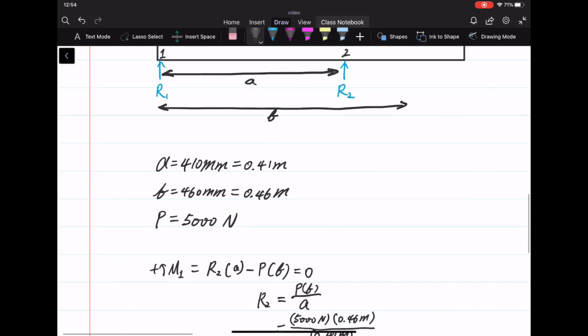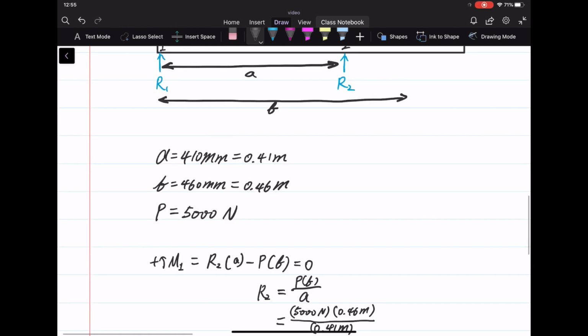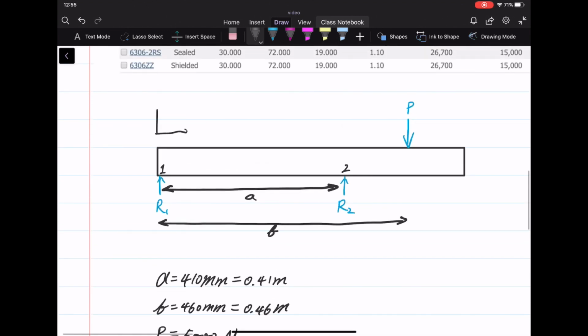Okay. Now next we're going to find reaction R1. So this is R2. We're going to take the sum of the forces in y equal to 0. I'm going to set it like this, x, y.